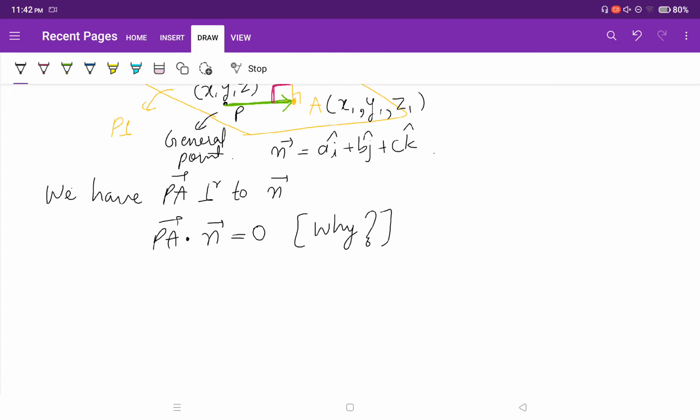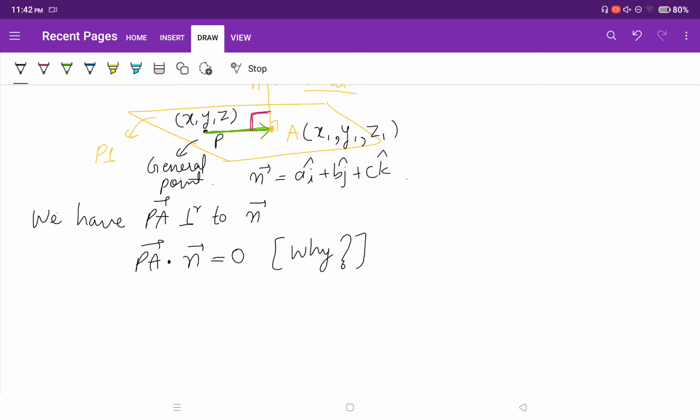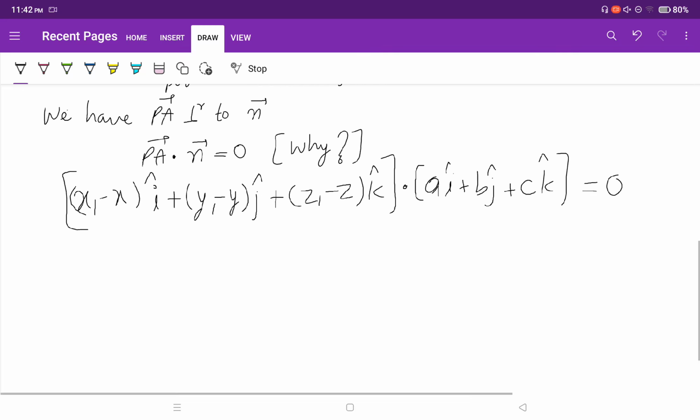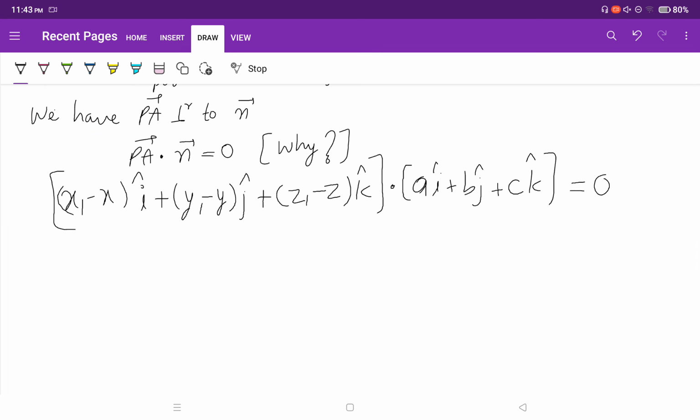So let's write PA vector. We have PA vector as (x1 minus x) i cap plus (y1 minus y) j cap plus (z1 minus z) k cap. This is PA vector dot product with A i cap plus B j cap plus C k cap, which equals 0. In a dot product, we simply multiply the i coefficients, j coefficients, and k coefficients.